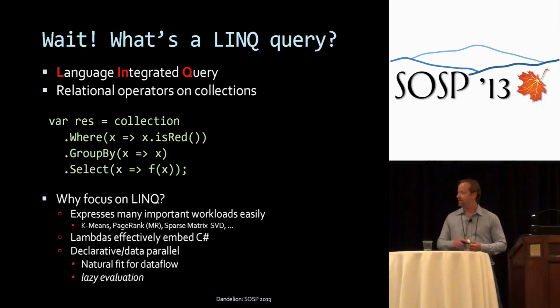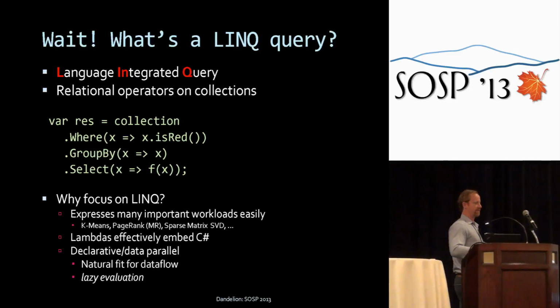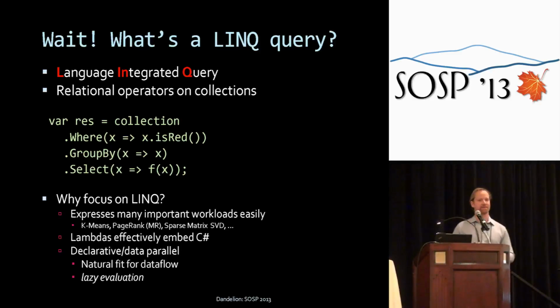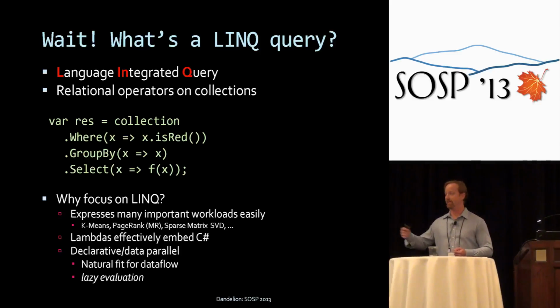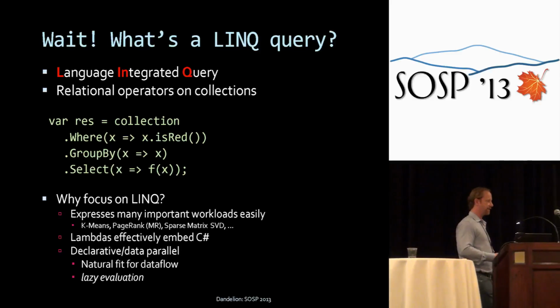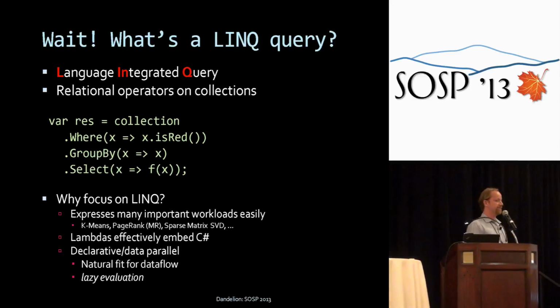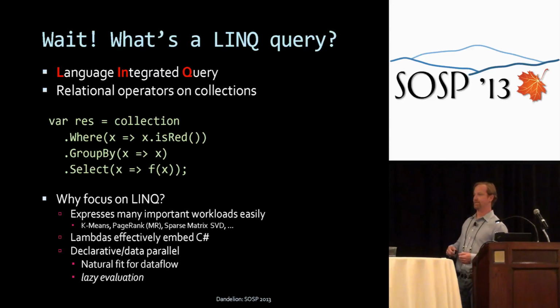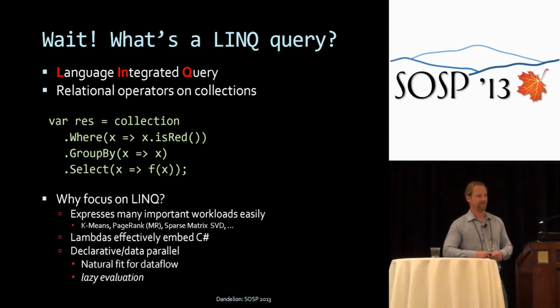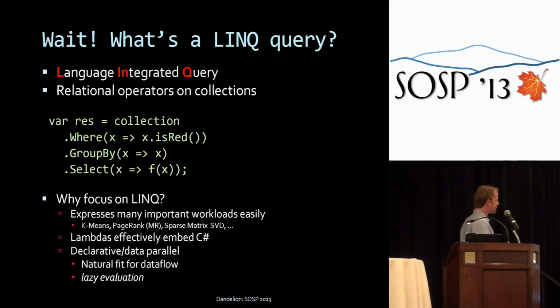Second, the fact that it supports these lambda functions makes it very, very powerful. It effectively embeds a very large subset of C# or whatever the front-end language is within that framework. And finally, it's declarative and data parallel, which makes it a very natural fit for Dataflow and for lazy evaluation, which is a property that is going to feature prominently later in the talk.